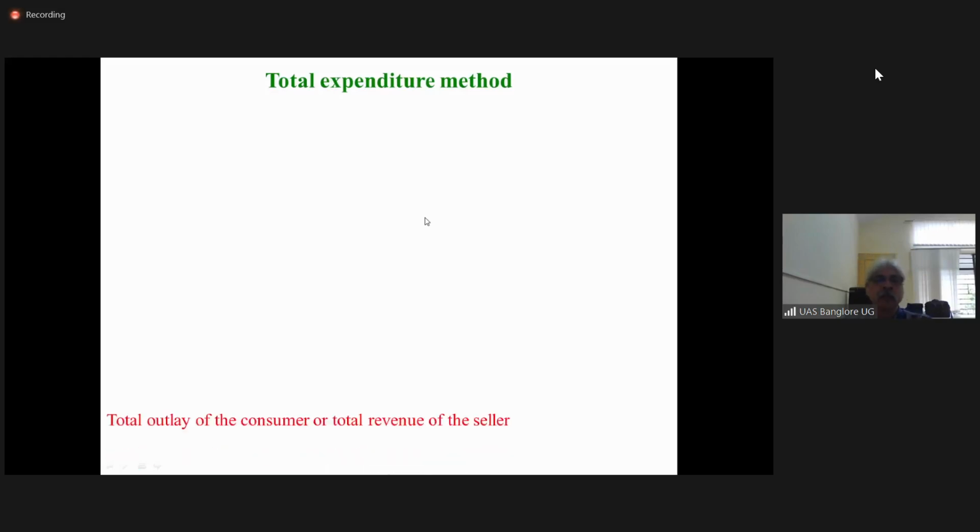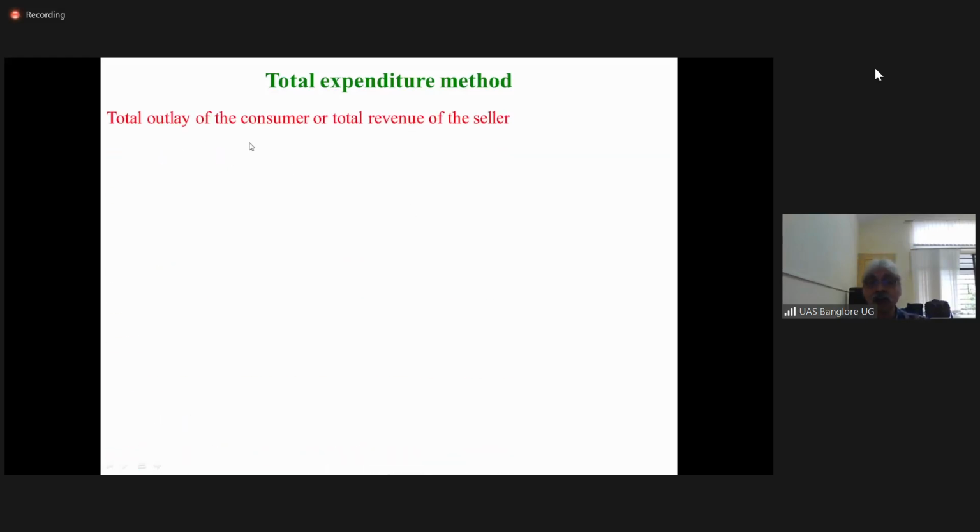Now, the total outlay of the consumer is also the total revenue of the seller, right? Suppose I spent 5,000 rupees to purchase some books in a bookshop.